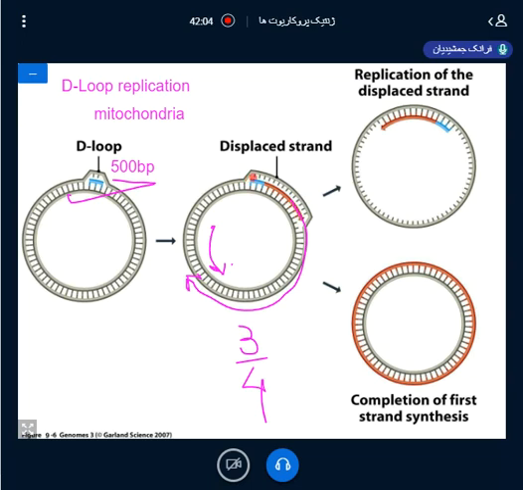After that, one strand continues replicating. After it replicates three-fourths of the first strand, the second strand starts replicating.